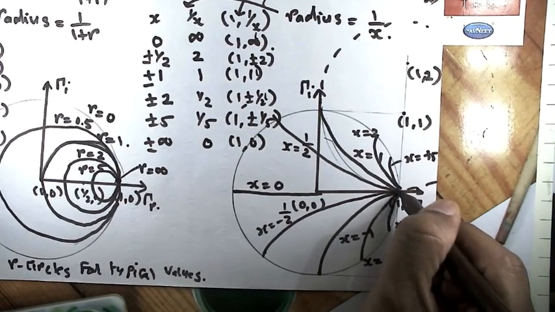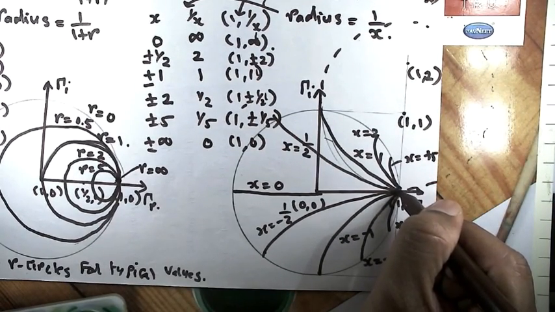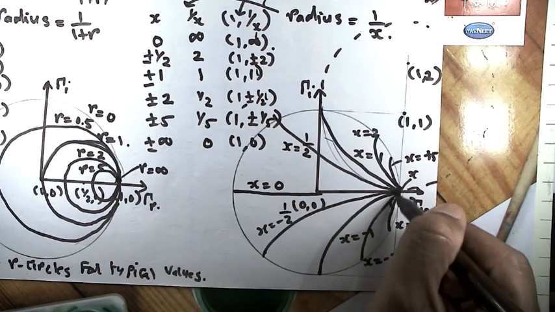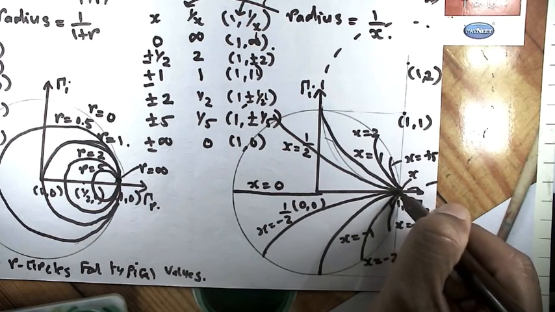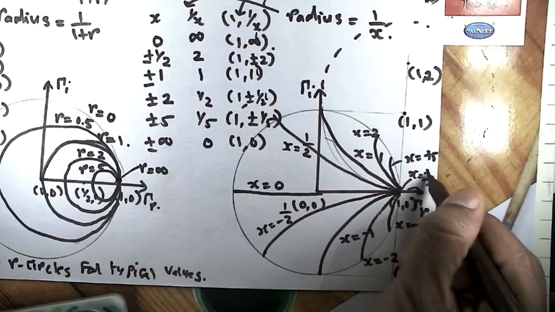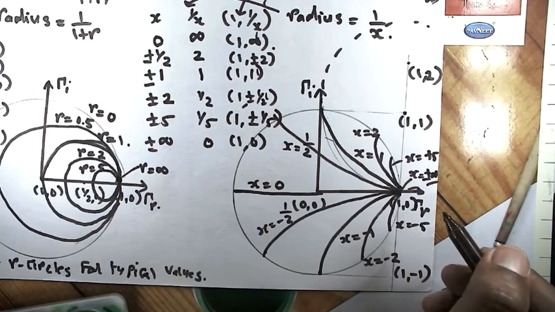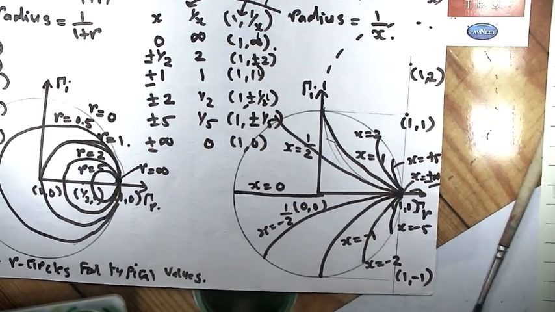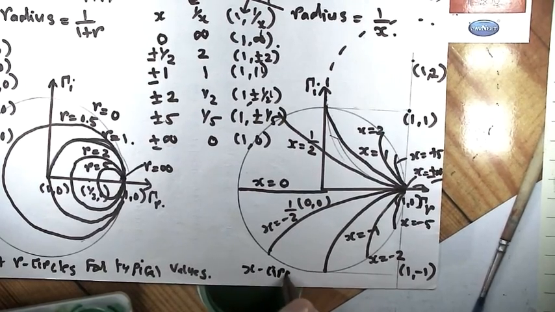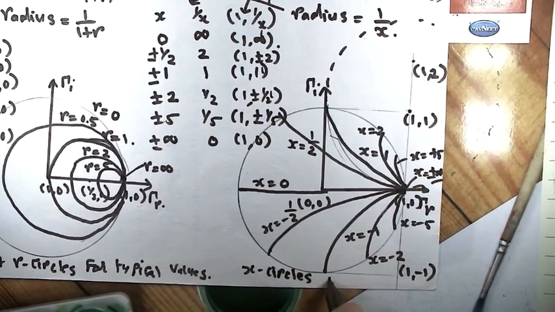So once again, for x equal to infinity, the circle has a radius equal to 0 and the point will be (1, 0). This point is considered as the plus or minus infinity point. So this way we have constant x circles for some typical values.